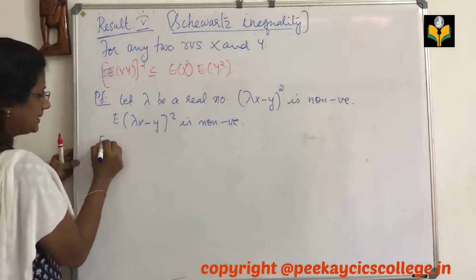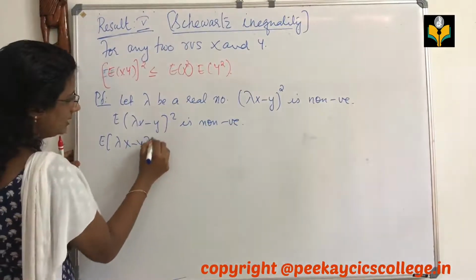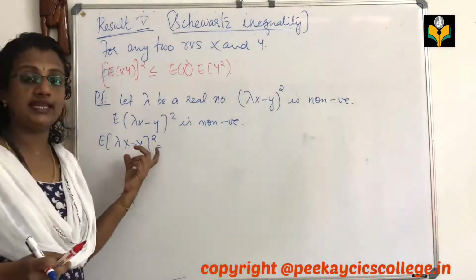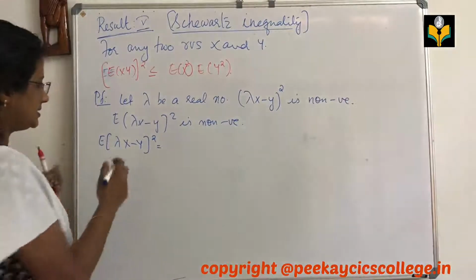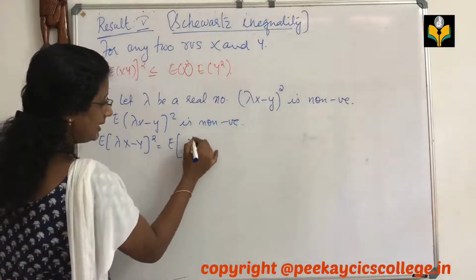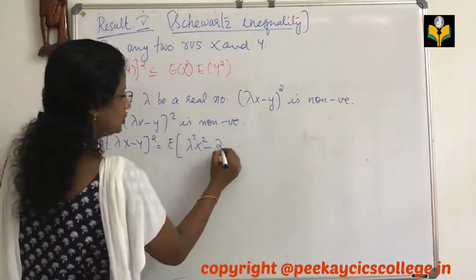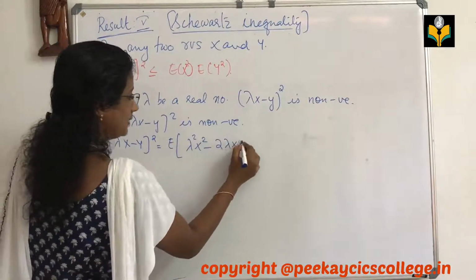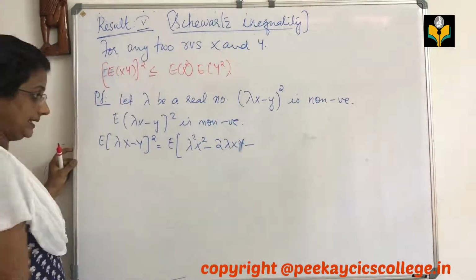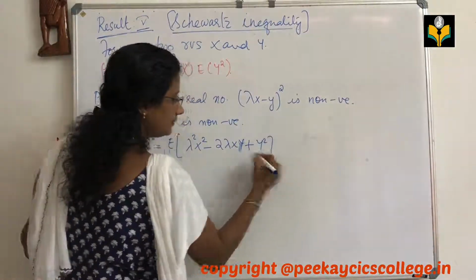Okay, then consider expectation of lambda x minus y the whole square. We can expand this by the a minus b the whole square formula we have learned. Expectation of lambda square x square minus 2 lambda xy plus y square.